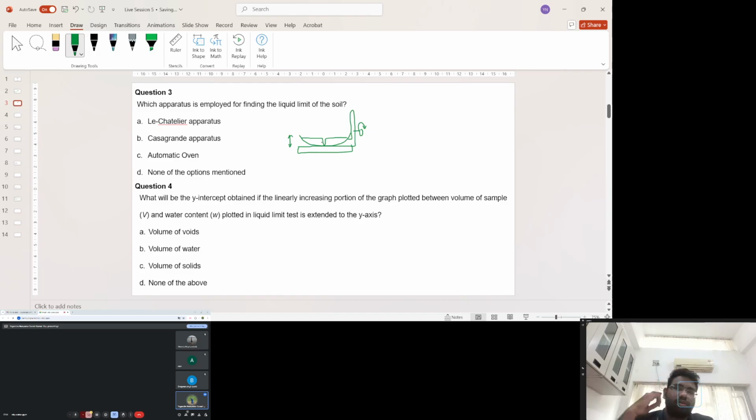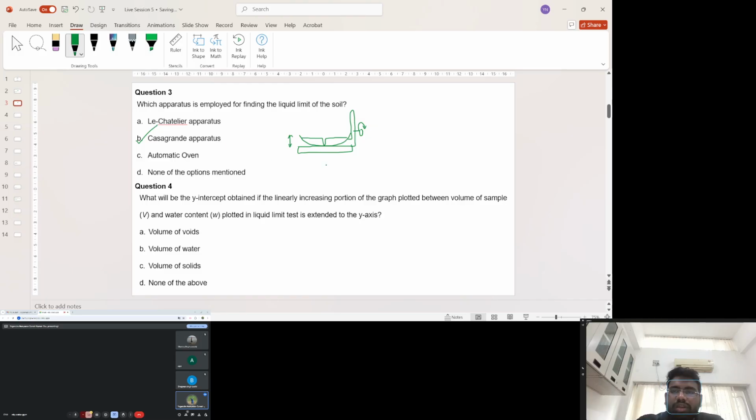At different moisture contents the samples are prepared and a groove is made, and the system is tapped repeatedly and the number of blows for the groove to get closed is counted. So this is Casagrande's apparatus. As you rightly mentioned in the chat box, it is Casagrande's apparatus.